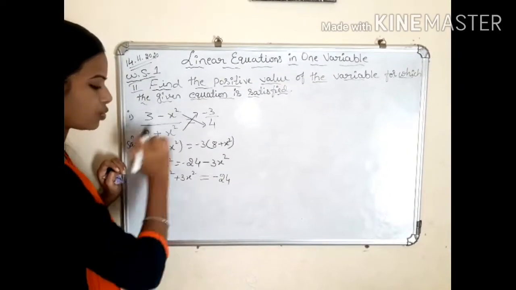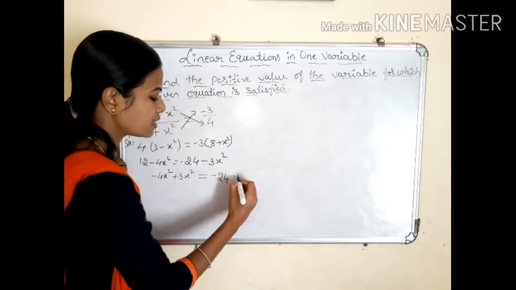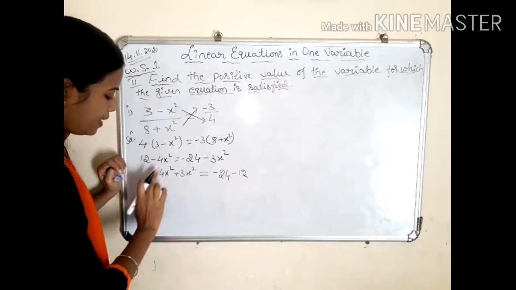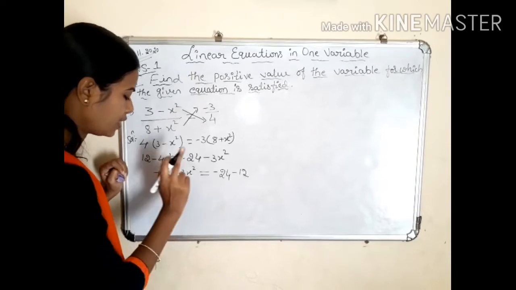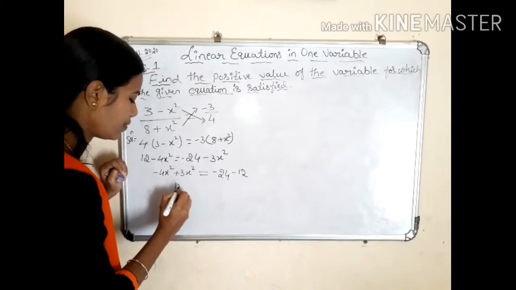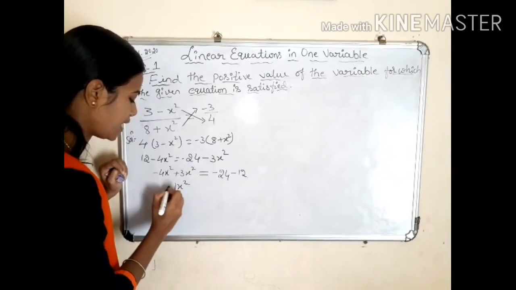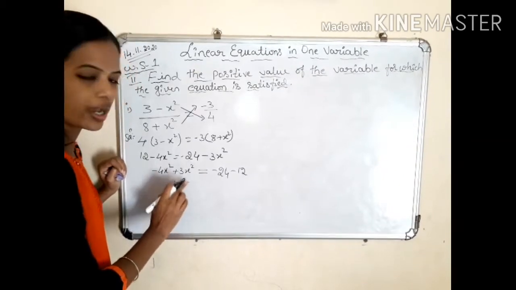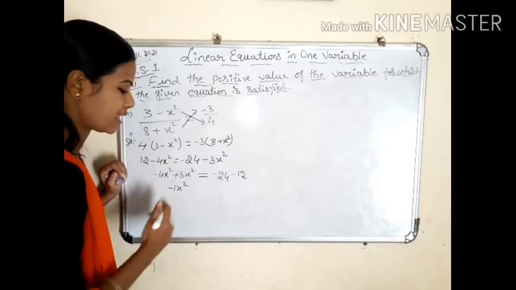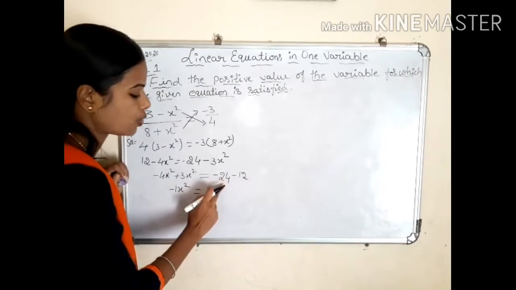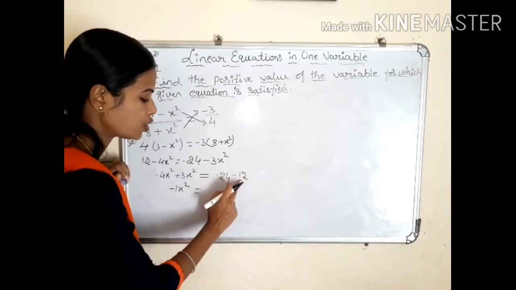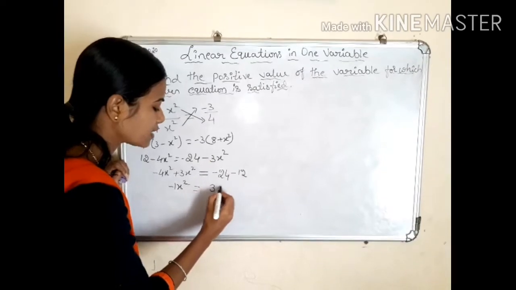Here plus 12 converts into minus 12. Minus 4 plus 3, you will get minus 1x square, or you can simply write minus x square, is equal to minus 24 minus 12, you will get minus 36.